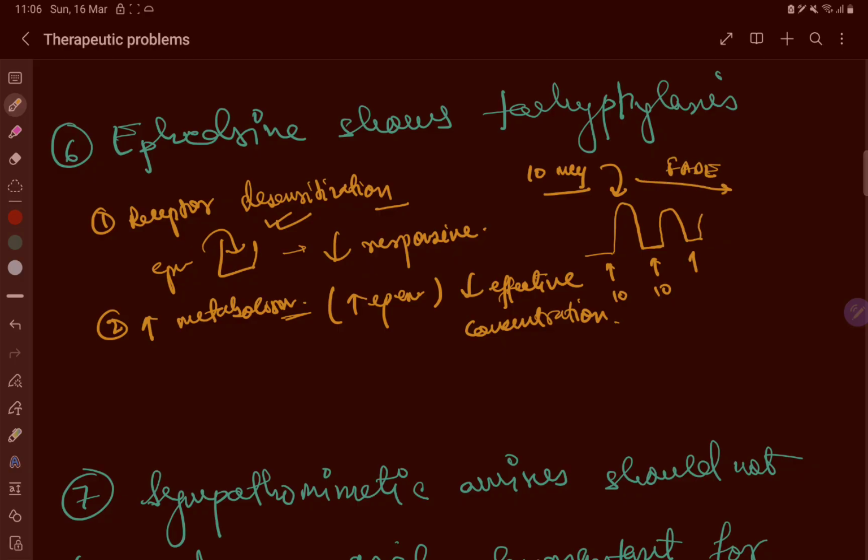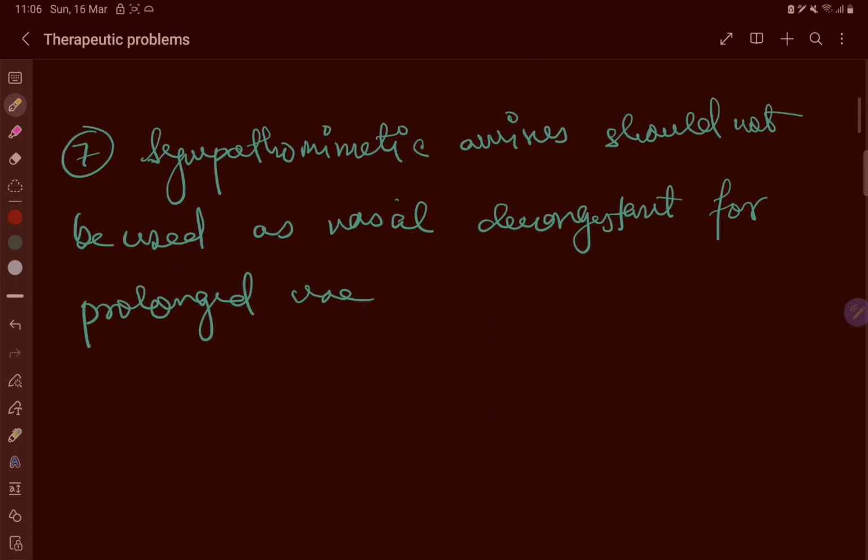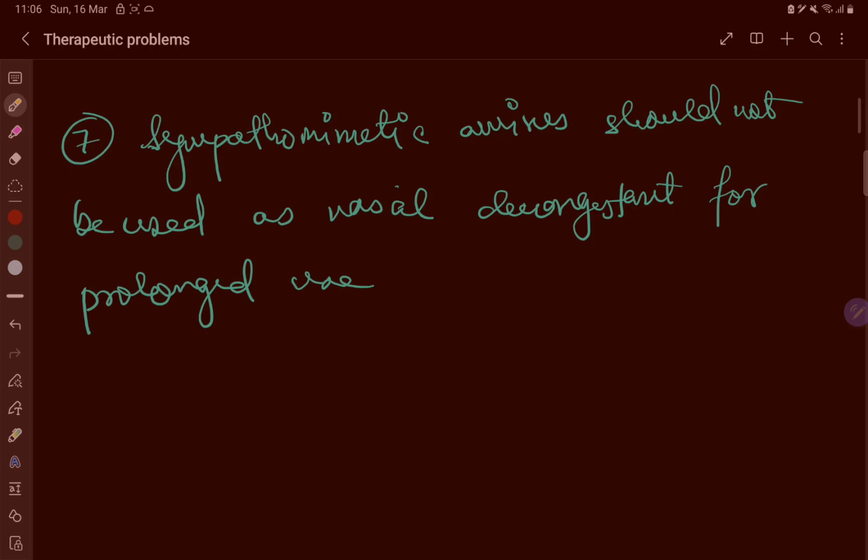It fades out. So even on repetitive stimulation with the same dose, the effective concentration of ephedrine is decreased because of increased metabolism and receptor desensitization. Next, sympathomimetic amines should not be used as nasal decongestants for prolonged use. Why should it not be used? Because of rebound congestion.